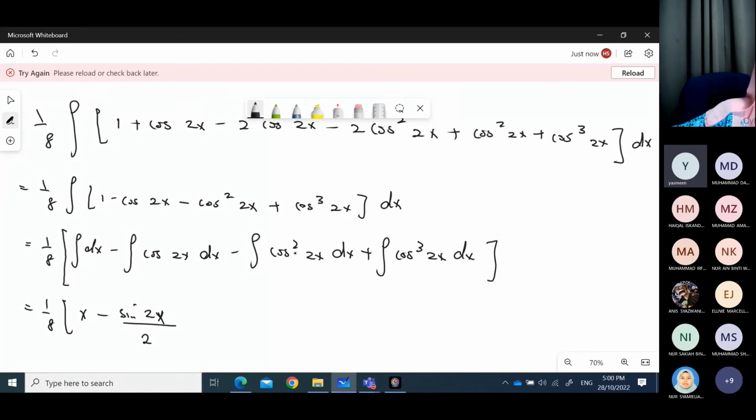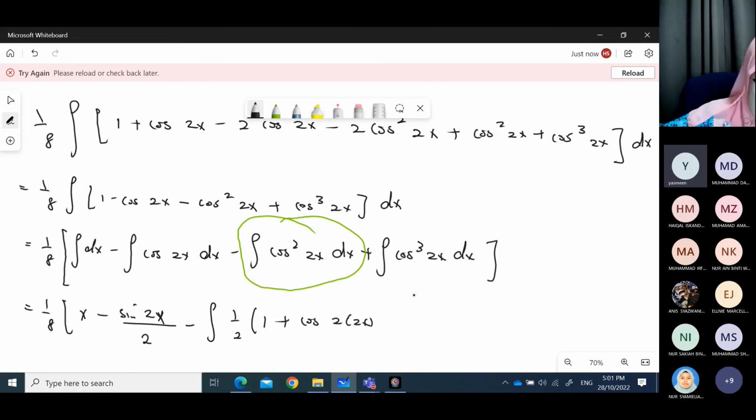Okay. And then this one ada cosine 2x, yang ini. Okay, so yang ini you kena gunakan identity. So minus integral of 1 over 2 times 1 plus cosine 2 times 2x dx. So yang ini you kena gunakan reduction formula.